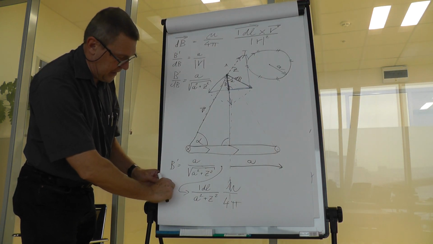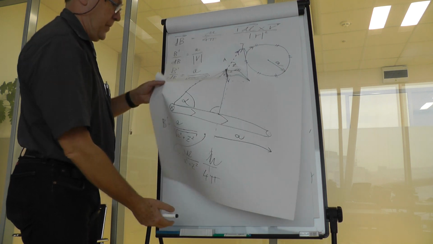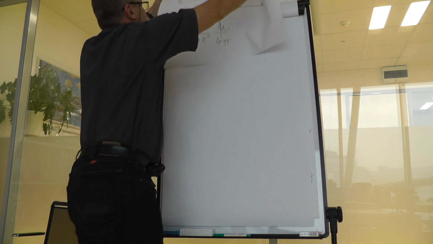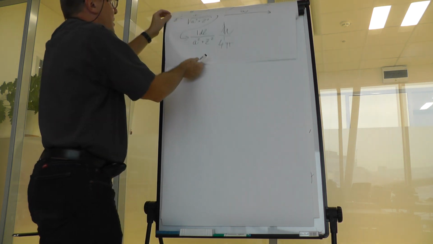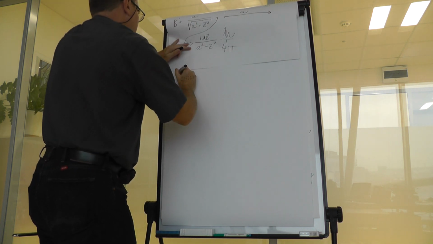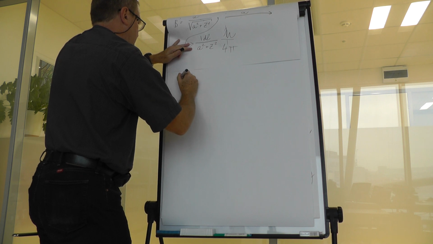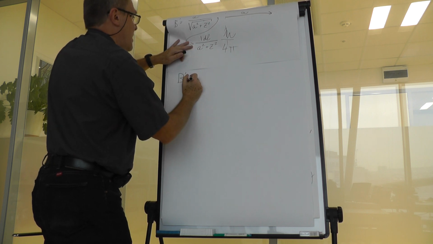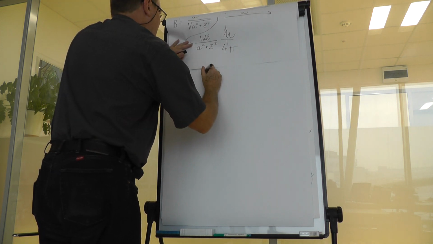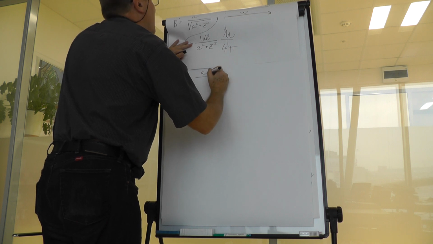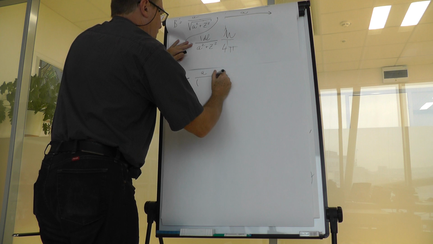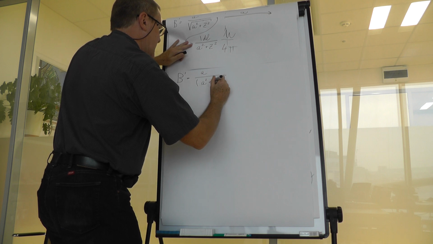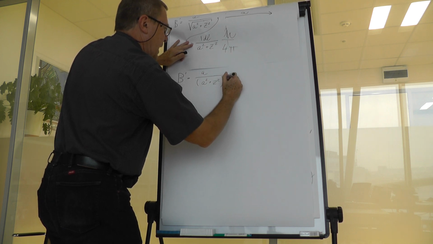Now I will rewrite this equation. Unfortunately, the paper is not big enough, so let us rewrite it once more. We would have the small piece of b with apostrophe, which is a differential, and that is a over a squared plus z squared raised to 3 halves.